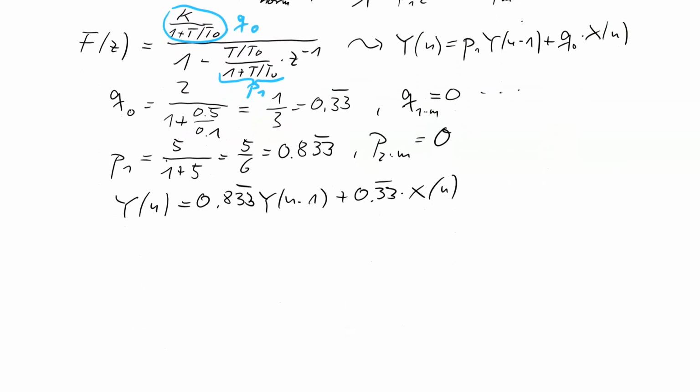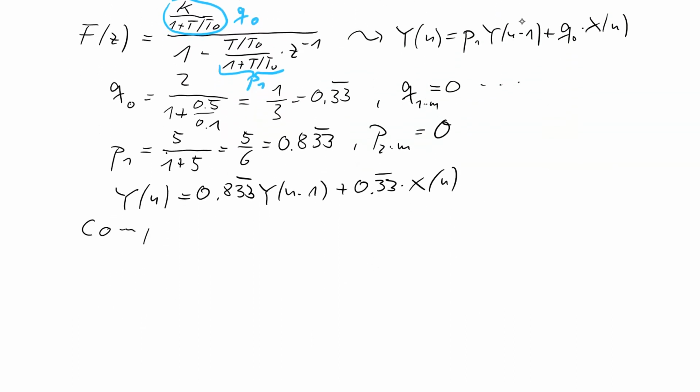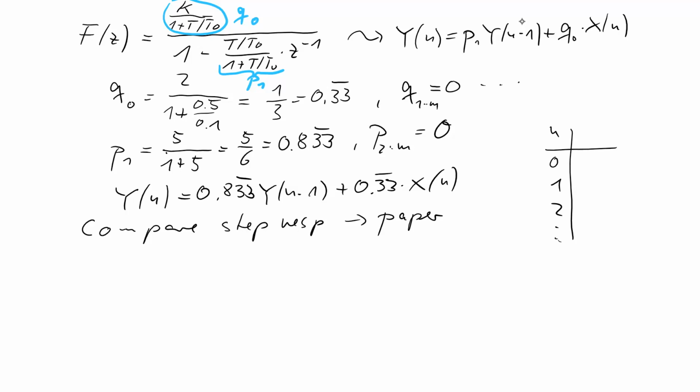Let's compare again the step responses. I think, see paper, I have done this. The best is we look at the curves. I have done this, you know how to do this. We make an exercise, n is 0, 1, 2 and so on. x of n is 1, and y of n, let's do the first step.